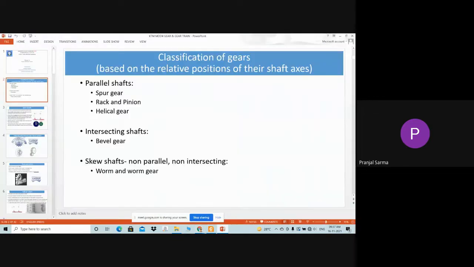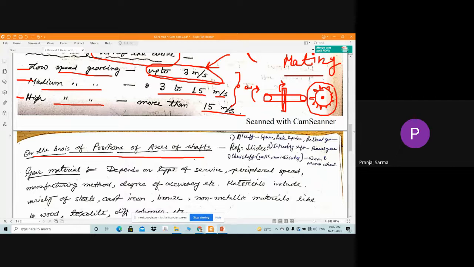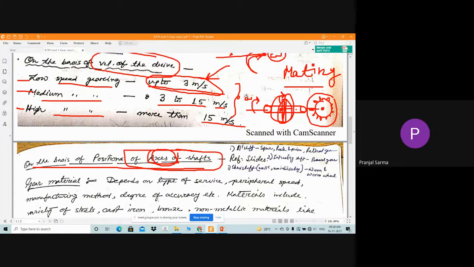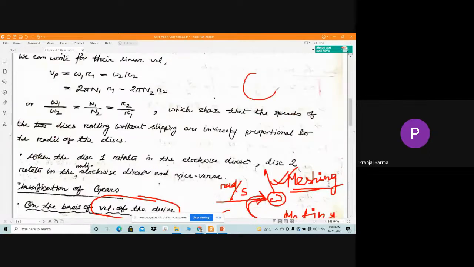Now, depending on the position of the axis of the shaft, we know that the gears are mounted on the shafts. If we are talking about a gear like this, this position is nothing but the axis position.